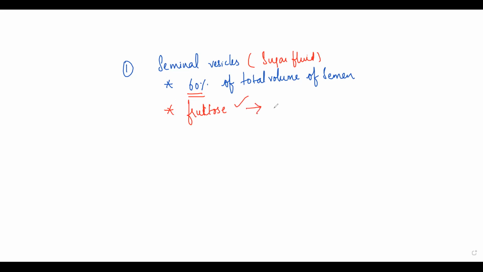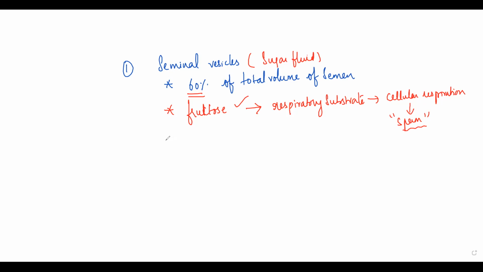This fructose acts as a respiratory substrate for the cellular respiration carried out by your sperm, for its motility and for its survival. So this is the fructose utilized by it.